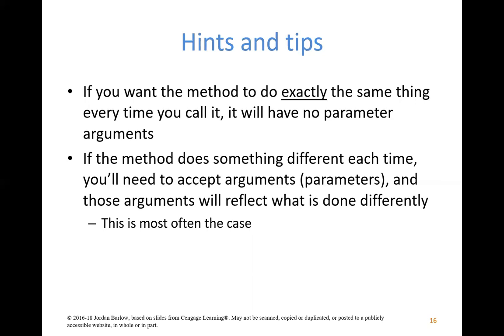If your method does something different each time, depending on some user input, or depending on some different level of pricing or whatever it might be, if the method sometimes calculates one way or using some inputs and at a different time you want the method to behave a little bit differently, then you'll need to accept parameters in a parameter list.